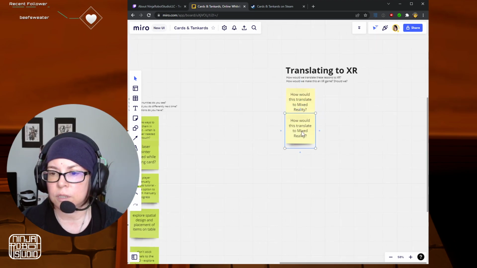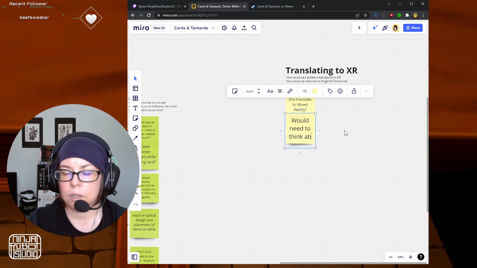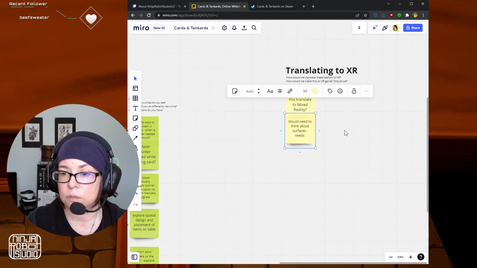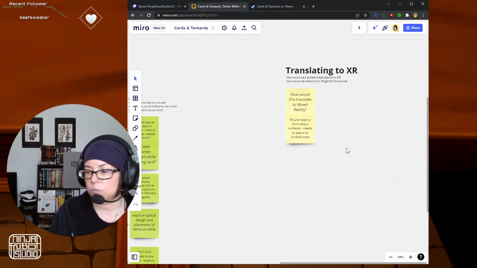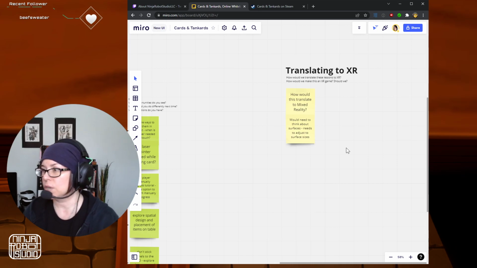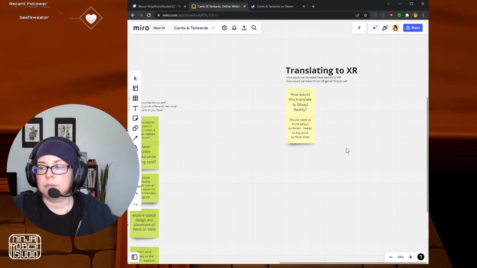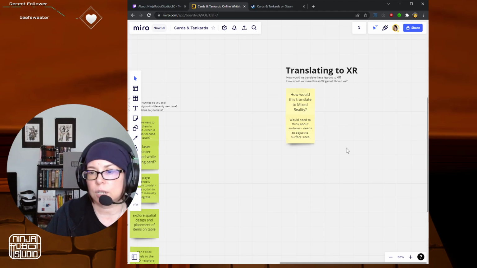Because if you're using this in mixed reality, you would need to think about surfaces, because it needs to adjust to the surface that you're going to be using. You could be using your dining room table or your desk instead of a big table in a tavern. So then how would that translate?